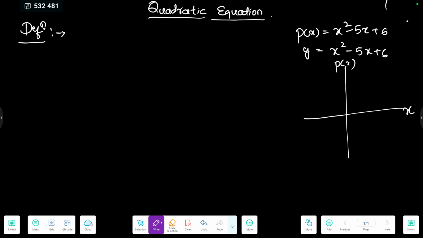This is a quadratic polynomial. You can put any value of x. Here x acts as input and y will be output.